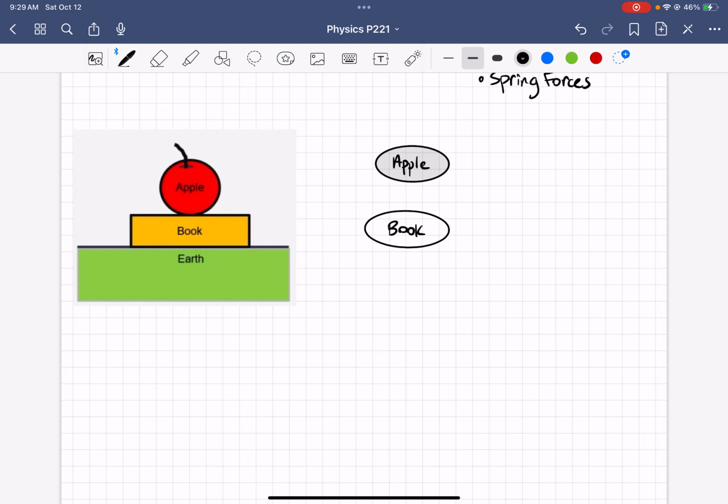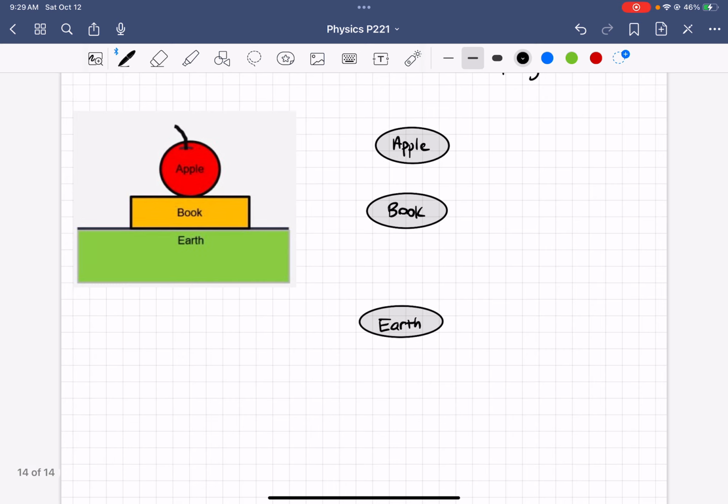And the reason I do that is the Earth will be able to exert gravitational forces on objects that are not touching it. But the ground, which is sort of part of the Earth, can exert other forces if and only if it is in contact with the object.